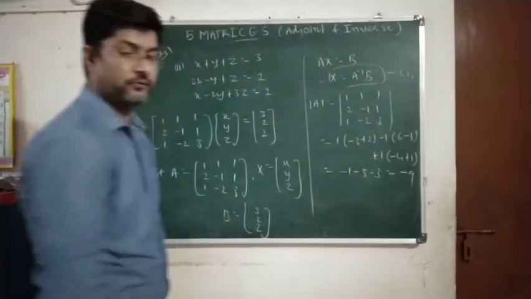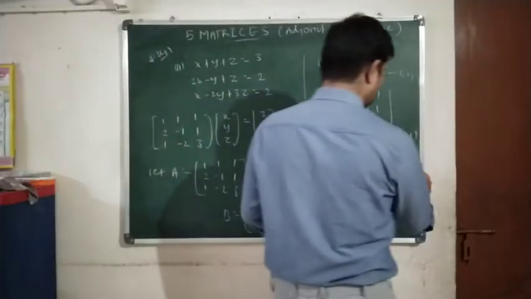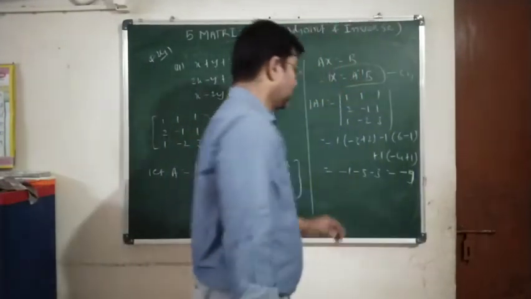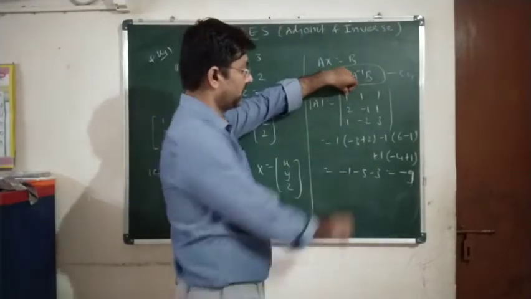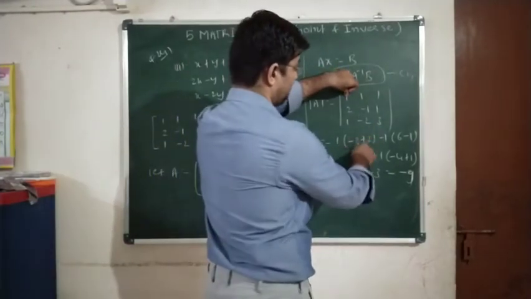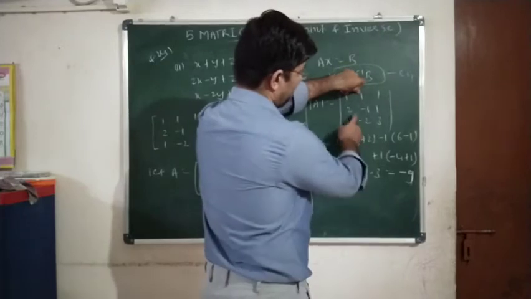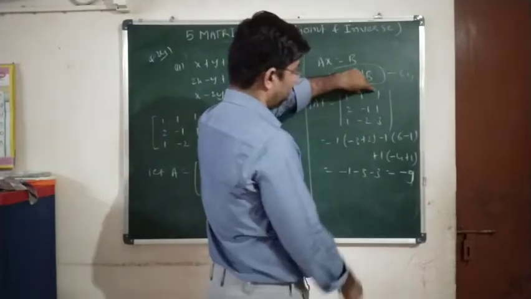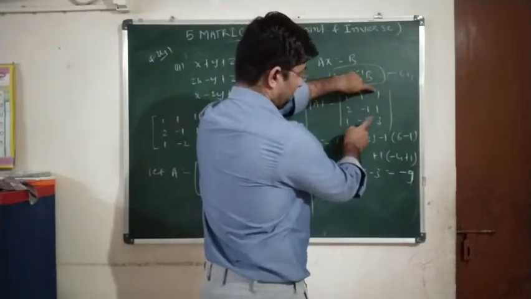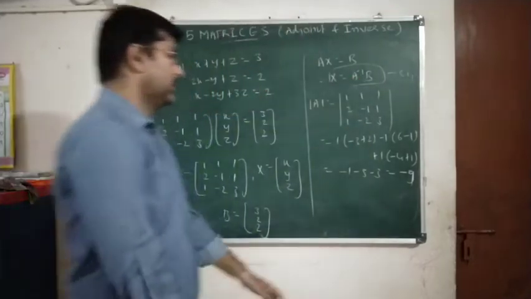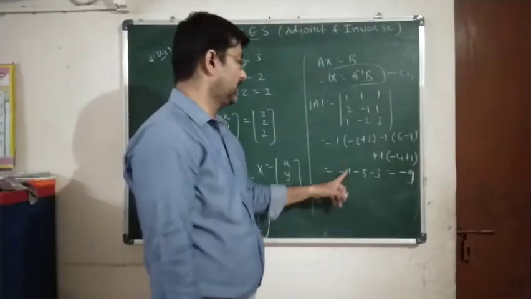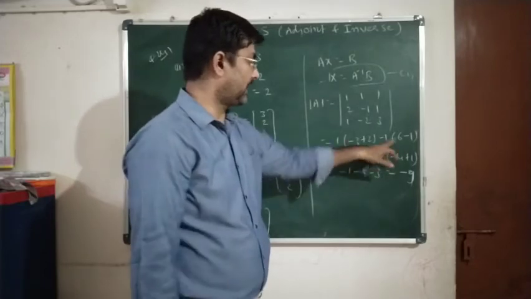So the determinant of A is minus 9. Let us again check, we have done it a little bit quick. 1 times (-3 plus 2) will be minus 1, 3 2s are 6, minus 1 is 5, and minus 4 plus 1 is minus 3. Done.